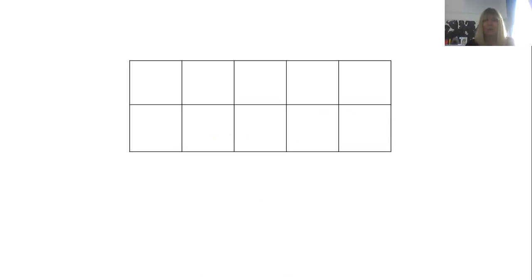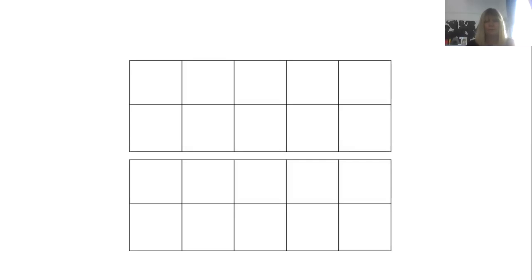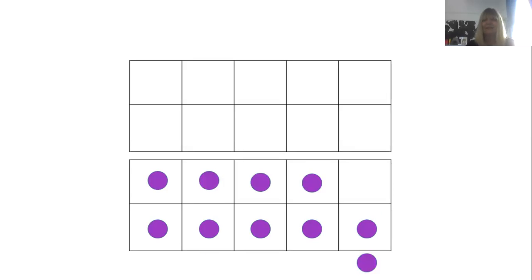Now we're going to move on to our 10 frames. We've got 2 today, so let's fill up that bottom one. 1, 2, 3, 4, 5, 6, 7, 8, 9, 10. Okay, so that's our 10.